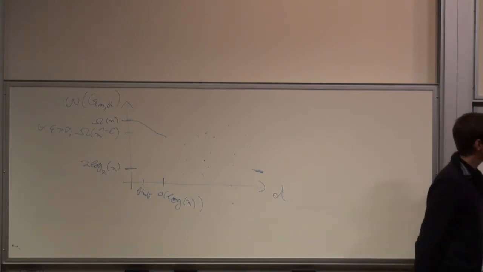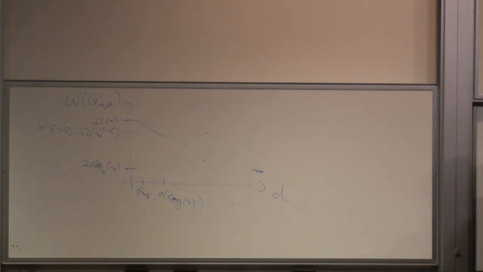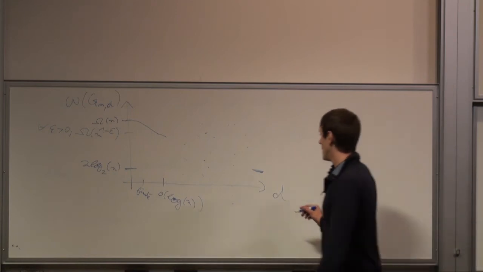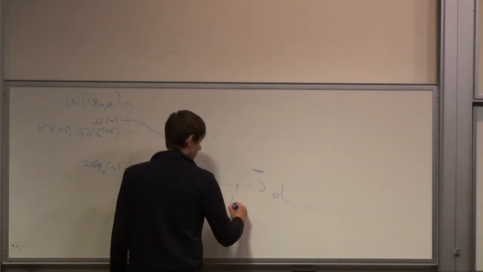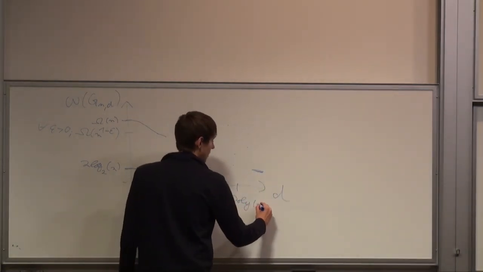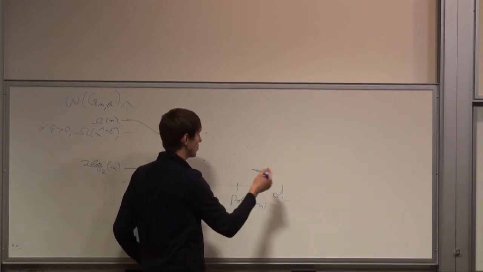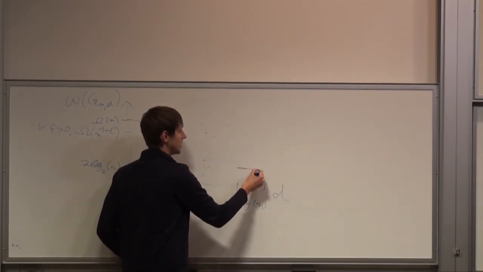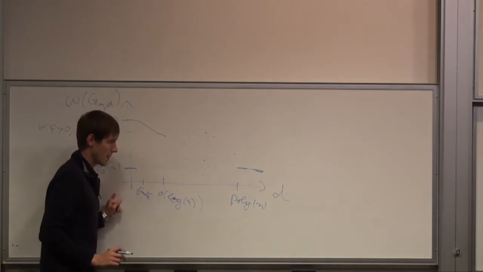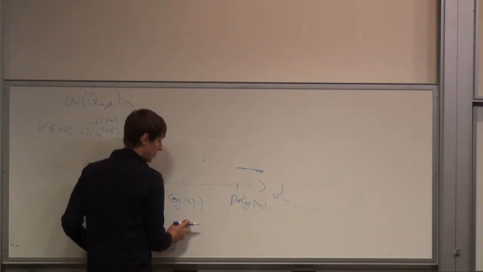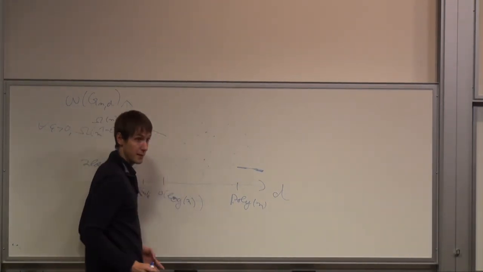But the convergence kicks in when d is basically polynomial in n. So when d is poly n, by just redoing this argument with Berry-Esseen, we know that we are already at 2 log n. So there is a huge gap right now between log n and poly n.